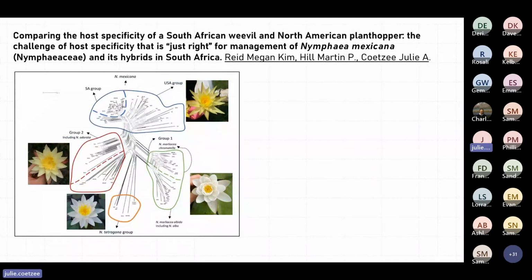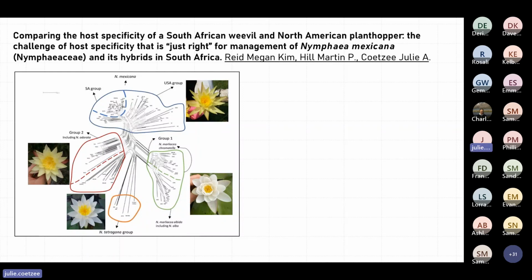If we then move on to taxonomy and agent selection, a lot of the classical work in the past was on choosing a target, choosing an agent, looking at morphology and original taxonomy. But what's become more and more clear is that we are dealing with challenging species, some that are hybrids, some that are complexes.